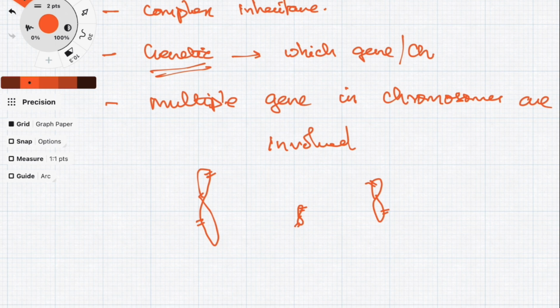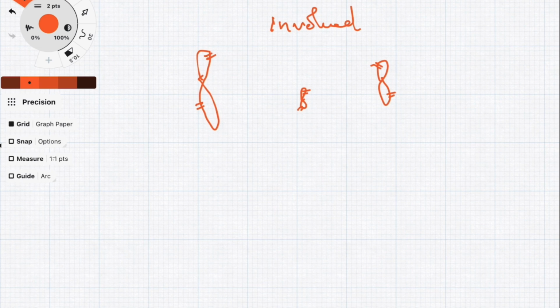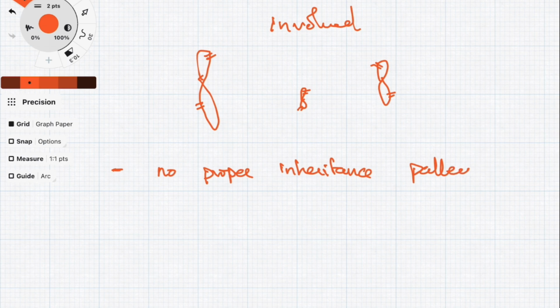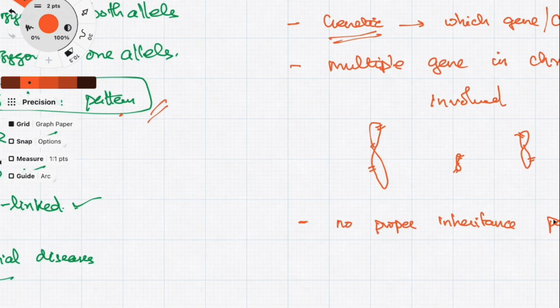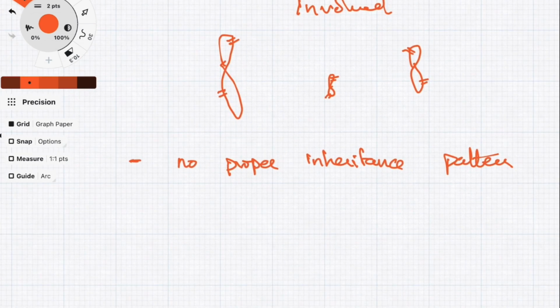That is why it is very difficult to diagnose and treat these conditions most of the time, and there will not be any proper inheritance pattern. You will not have any classical inheritance pattern like this. Instead, you know that the incidence is very high in close relatives of the affected people, or the chance of a close relative getting the disease is very high.